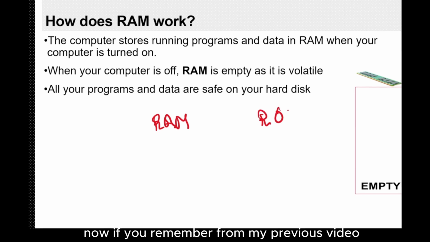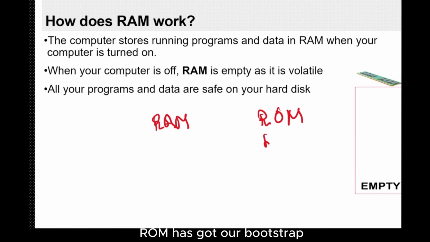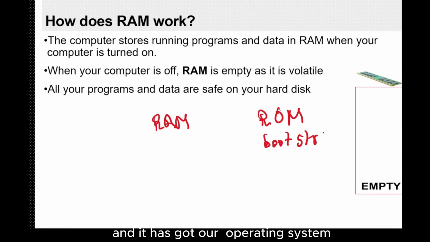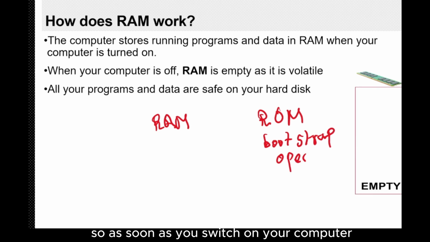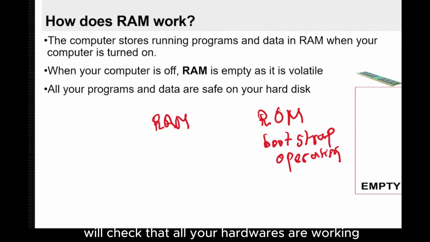If you remember from my previous video, ROM has our bootstrap and our operating system. As soon as you switch on your computer, the bootstrap will check that all your hardware is working properly, your mouse, your keyboard, etc.